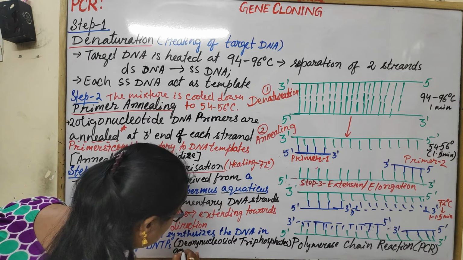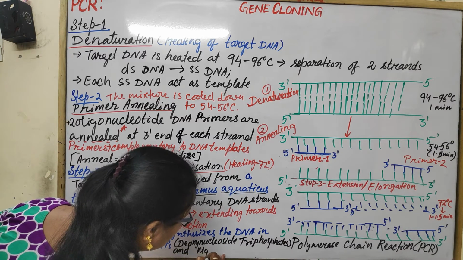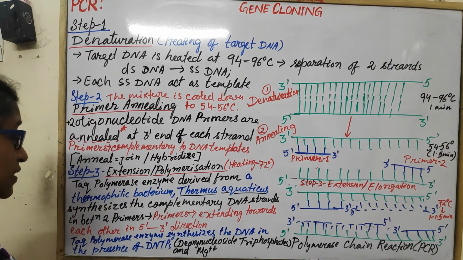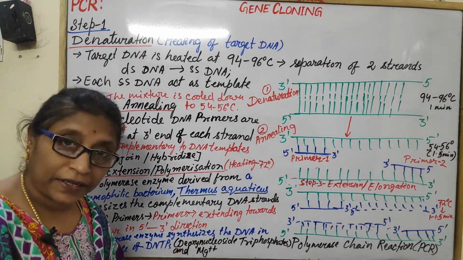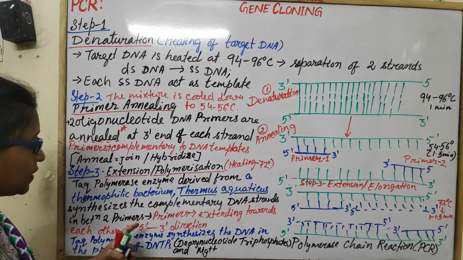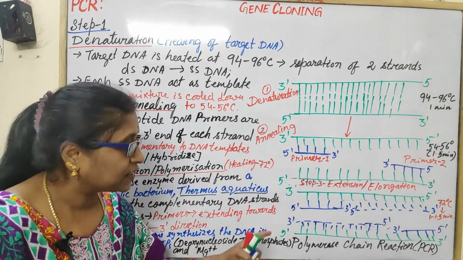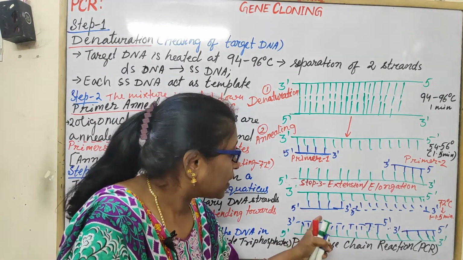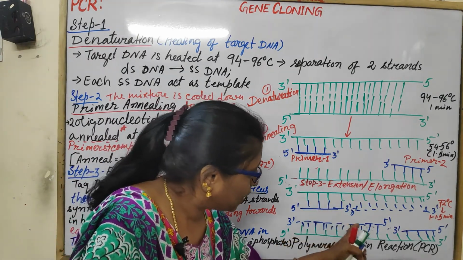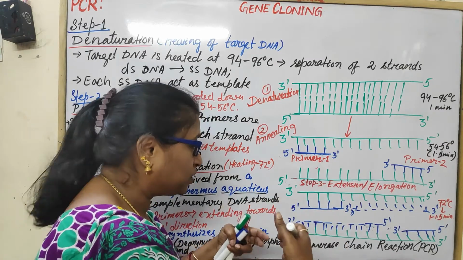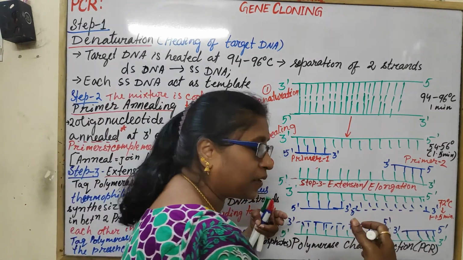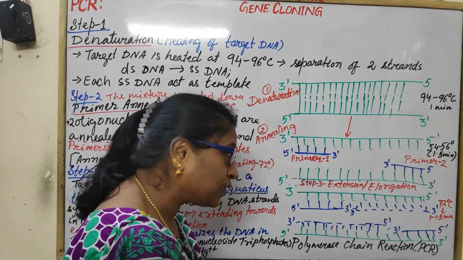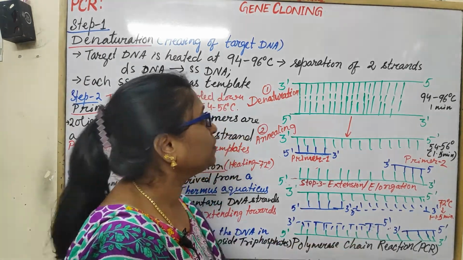In the presence of dNTPs and magnesium, the Taq polymerase enzyme synthesizes the DNA region extended from the DNA primers. They extend from both the primers towards each other in the direction 5' to 3'.